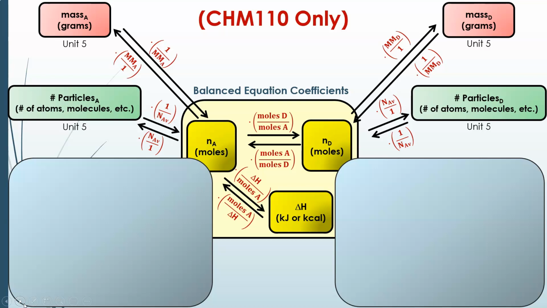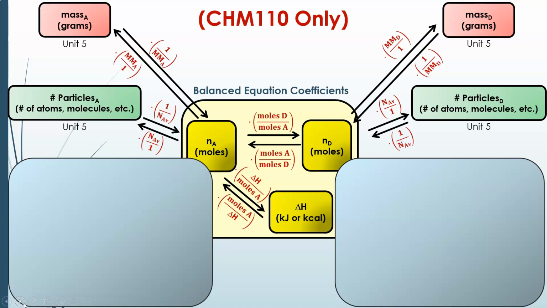Once you have the moles of any other substance, you can convert that to grams or to particles. The number of particles means number of atoms or number of molecules or number of formula units or even number of ions. It's just any kind of particle. So when you see the word particle, it means any of the smallest unit of that particular substance.